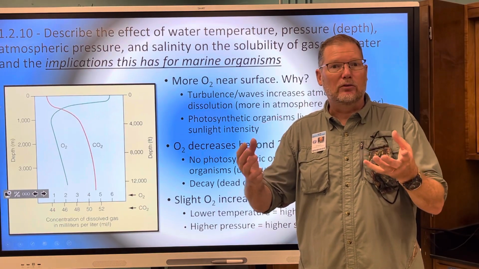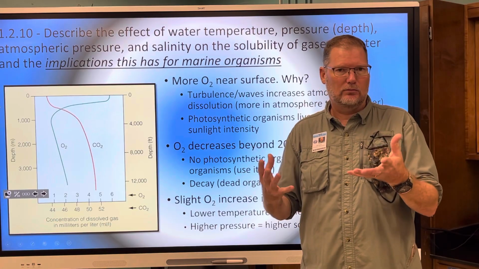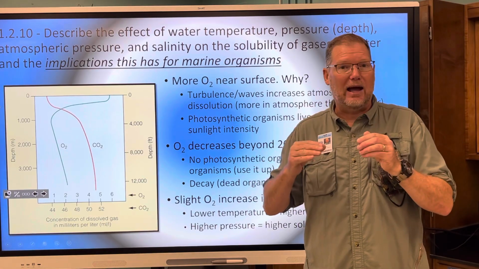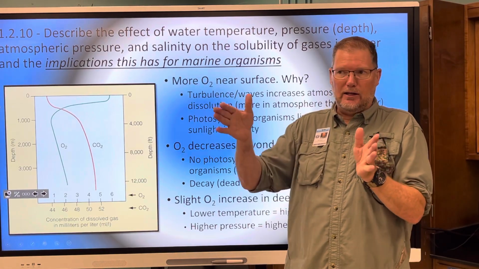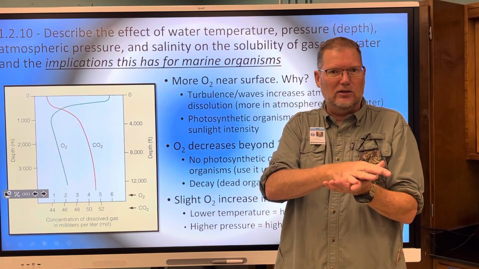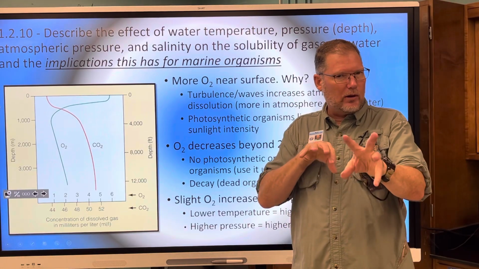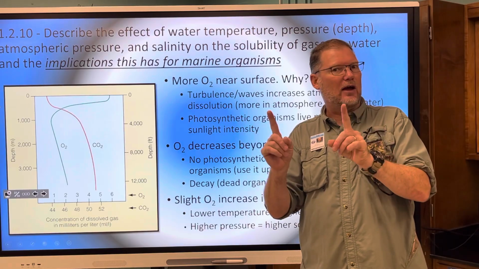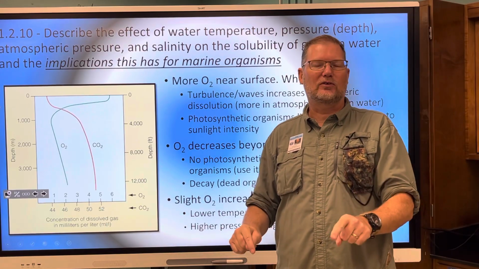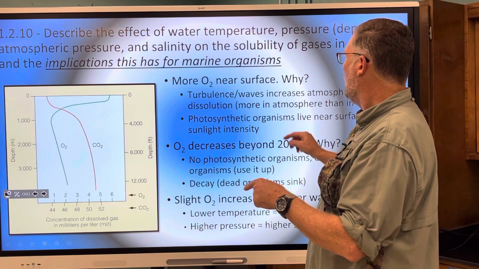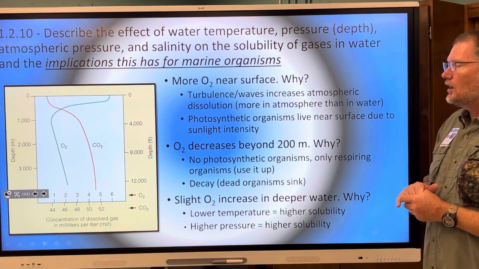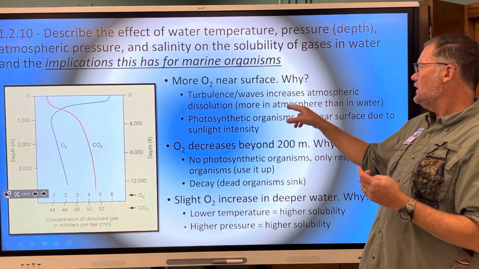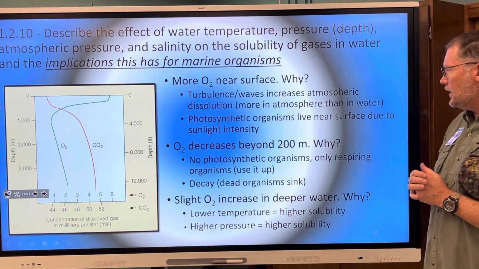That's why you get bubbles and sea foam, and white caps when the wind is blowing and it turns the sea white, whenever a wave falls over. Those bubbles are oxygen and carbon dioxide and other gases in the air mixing with the surface of the sea, okay? So turbulence increases atmospheric dissolution. More in the atmosphere than in the water.